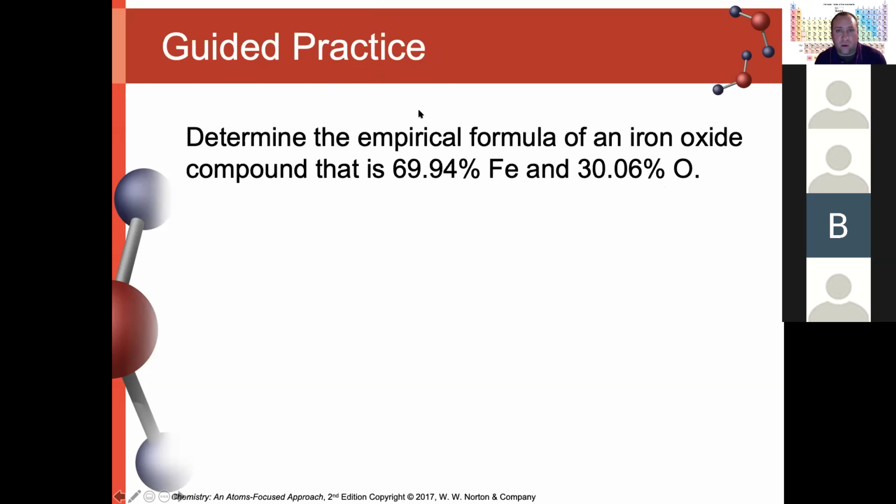And so what I'm going to start with is turning those percent values into gram values: 69.94 grams of iron, 30.06 grams of oxygen.